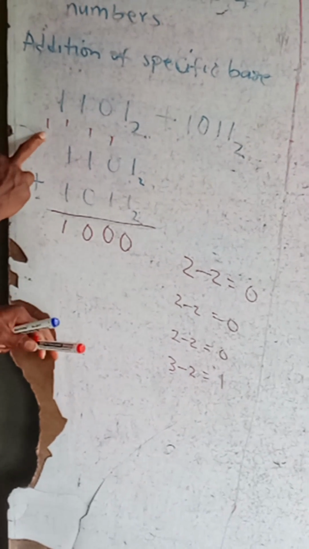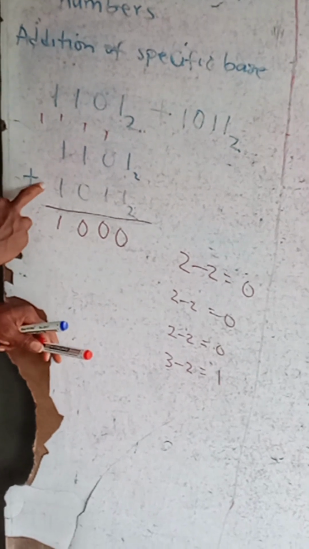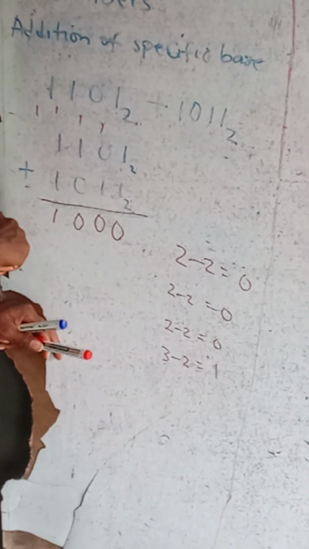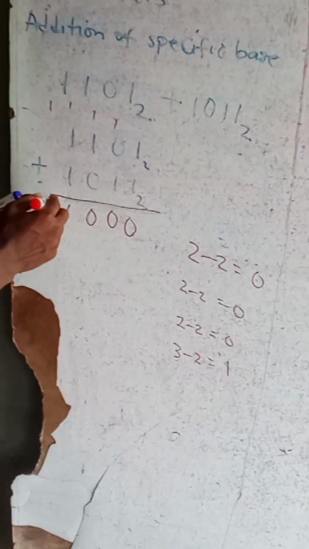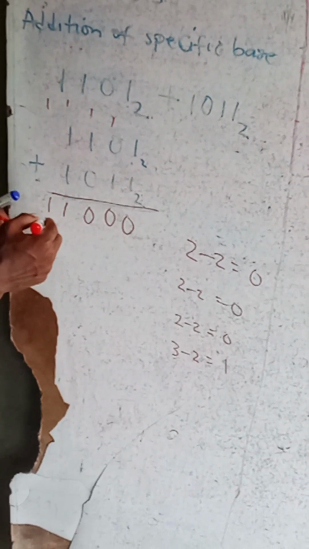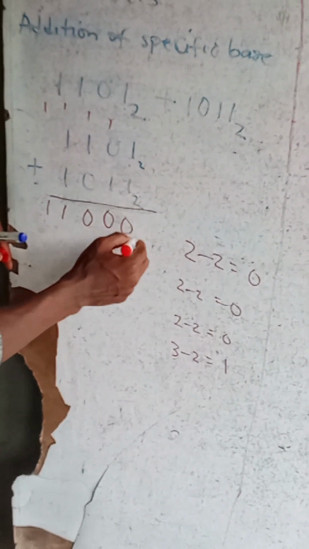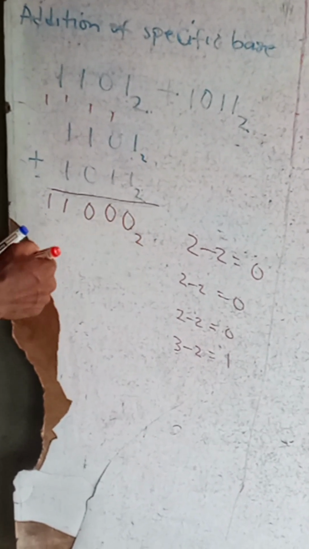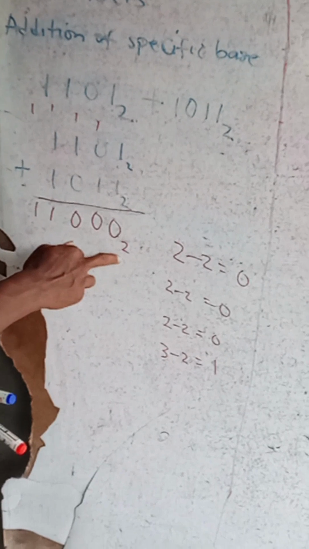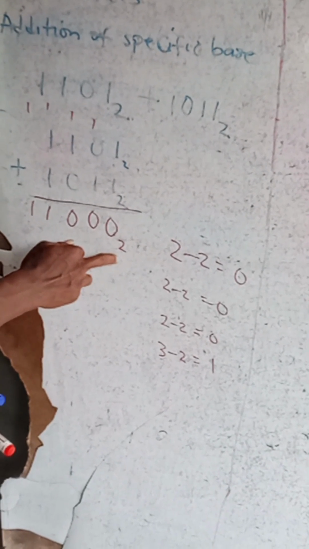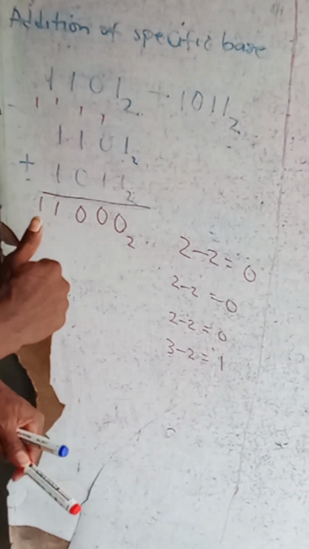There's nothing to add to the one you have raised, so you bring it down. And the answer is 11000 base 2. No number here is equal to or more than the base 2, so that is the answer.